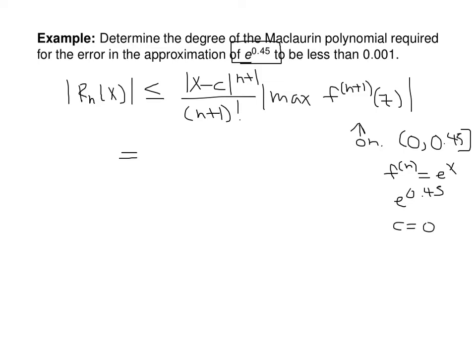So we have the absolute value of x to the n plus first over n plus 1 factorial, times e to the 0.45, and instead of x, the x that we care about is 0.045, so we're going to input 0.045 instead of x.